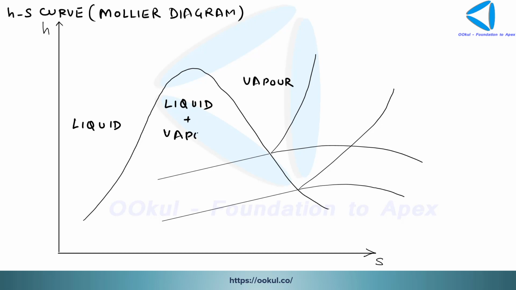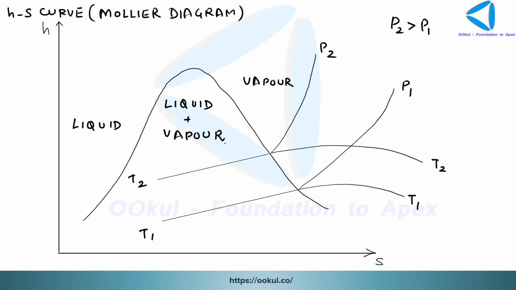This is pressure P1, pressure P2, and we say that pressure P2 is greater than P1. This is temperature T1, this is temperature T2. Okay, so it goes like this. This is T2 and this is T1.